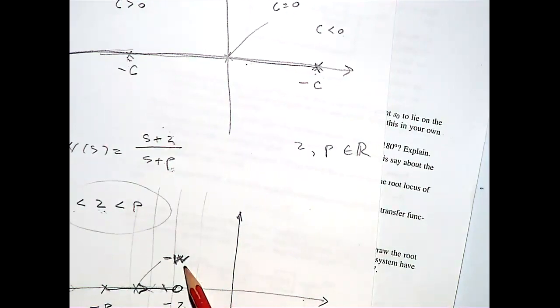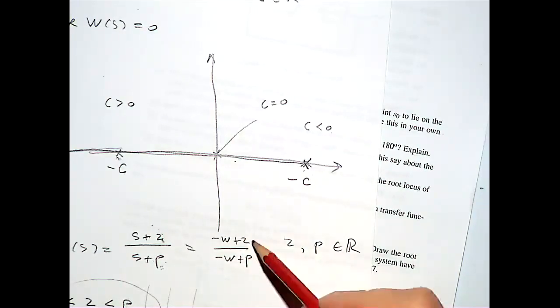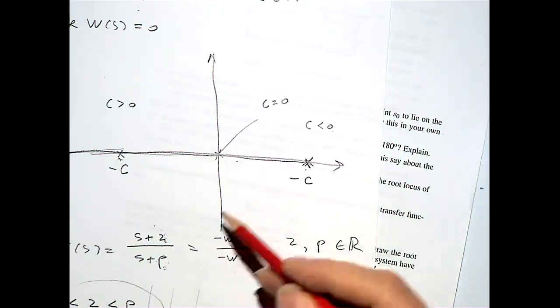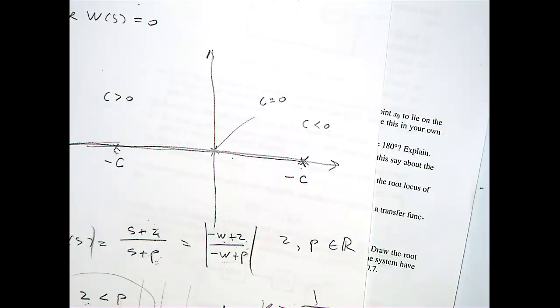I have to substitute minus W into the transfer function, so I get minus W plus Z over minus W plus P. Everything is real here: W is real, Z is real, there are no complex numbers. So the gain corresponding to this point is 1 over the magnitude of minus W plus Z over minus W plus P. That's the gain corresponding to that point.